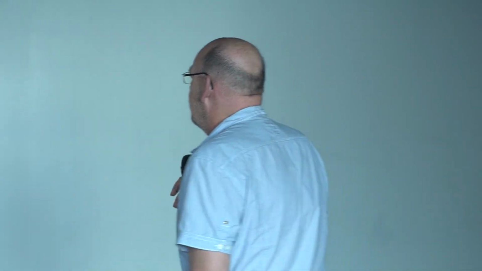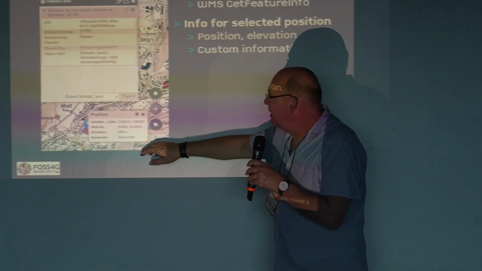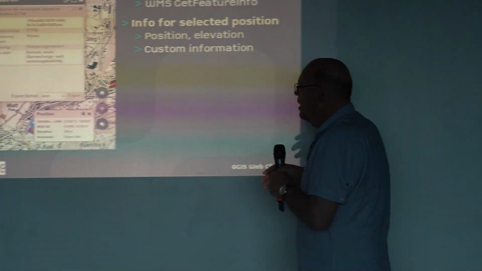You can define in QGIS with an external user interface made by a Qt Designer, or with a user interface you can prepare in QGIS itself. And then you have info for the selected position. When you right-click in the map, you get this information, but all this content you can configure in the corresponding JSON files.